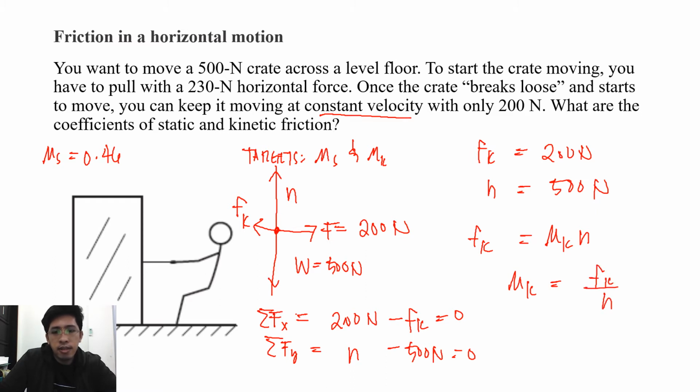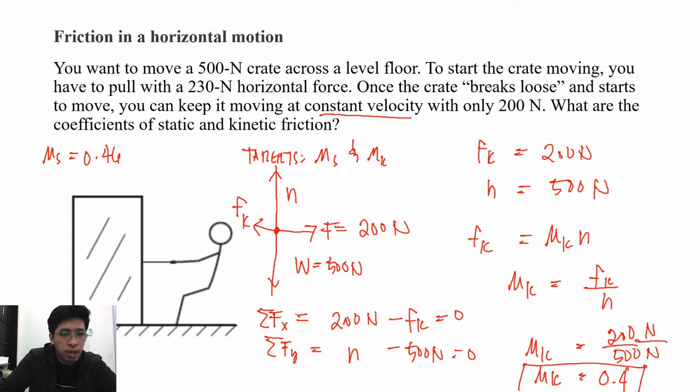Your Fk is equal to mu k times N, so your mu k is equal to Fk over N. So here your mu k is equal to 200 divided by 500 newtons. Your mu k is equal to 0.4.